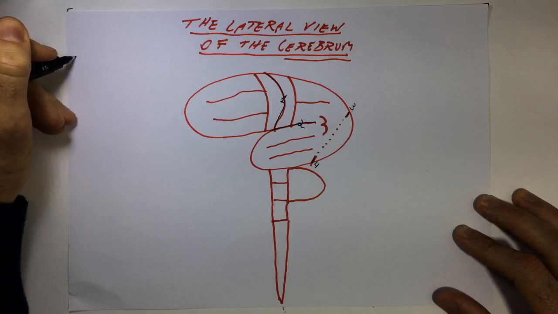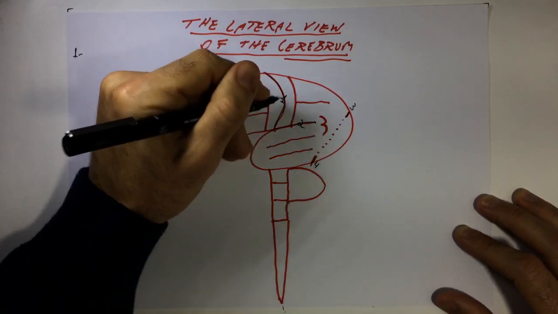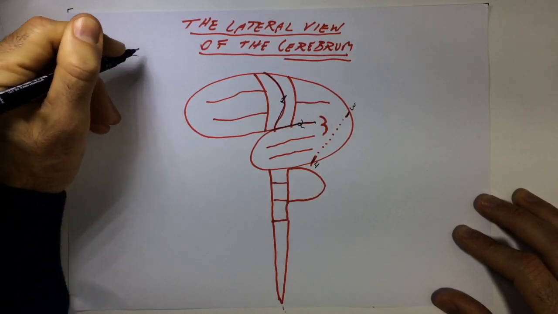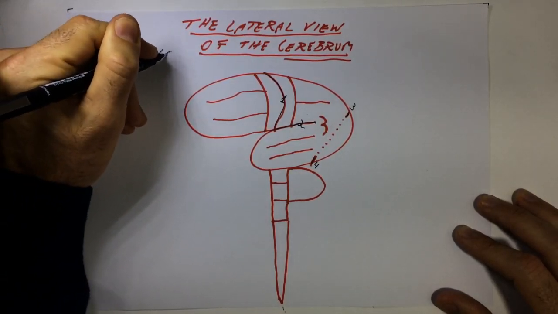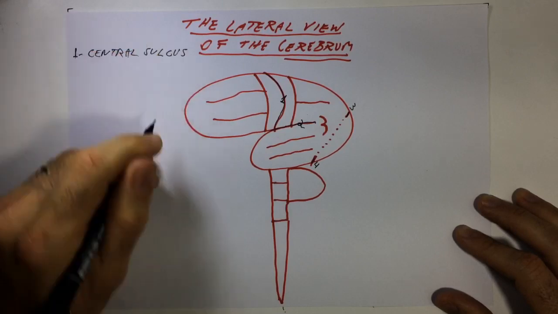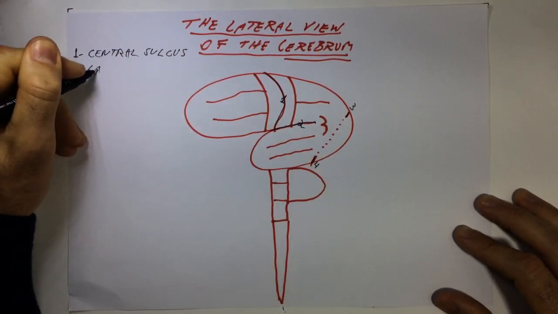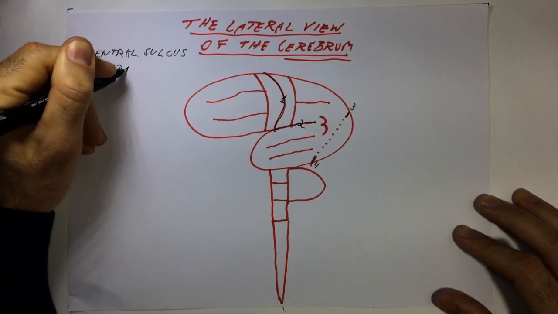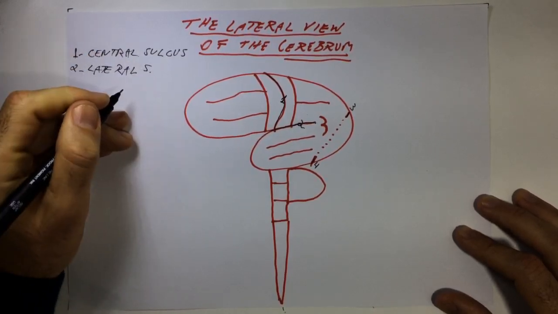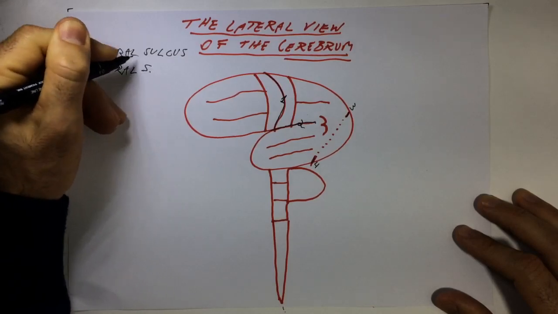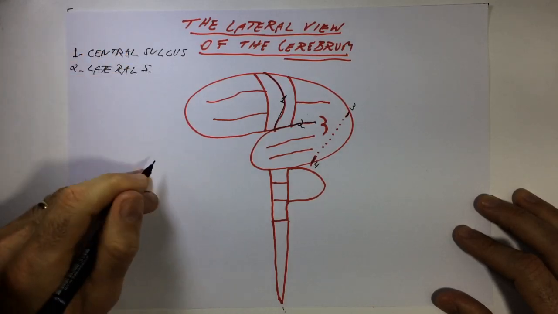So I'm going to start here. 1. That would be the central sulcus. Central sulcus. This one here, 2, is the lateral sulcus. I'm going to just make an S here, so sulcus, lateral sulcus.